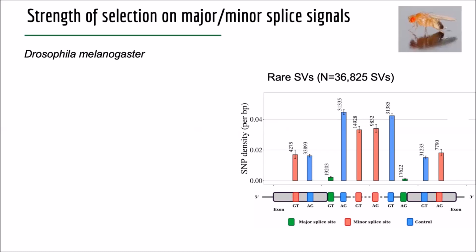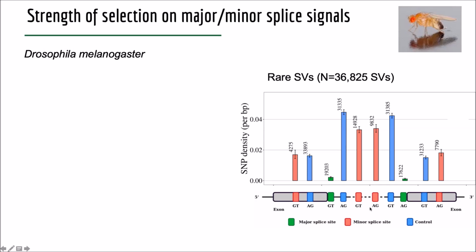And so we measured the SNP density around the minor splice sites of splice variants. So what is shown here? In green, this corresponds to the splice sites of the major introns.